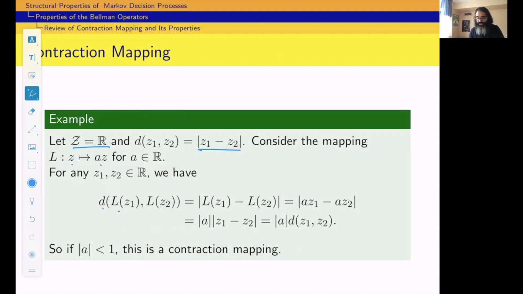The distance is LZ1, LZ2, and by the definition of L, it's AZ1, AZ2. So it would be the absolute value of A times Z1 minus Z2, and this is essentially d of Z1, Z2, times the absolute value of A. So if the absolute value of A is smaller than 1, then this is a contraction map.